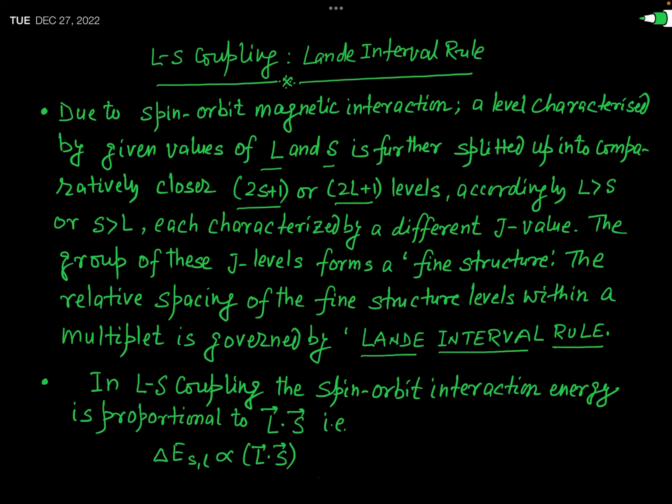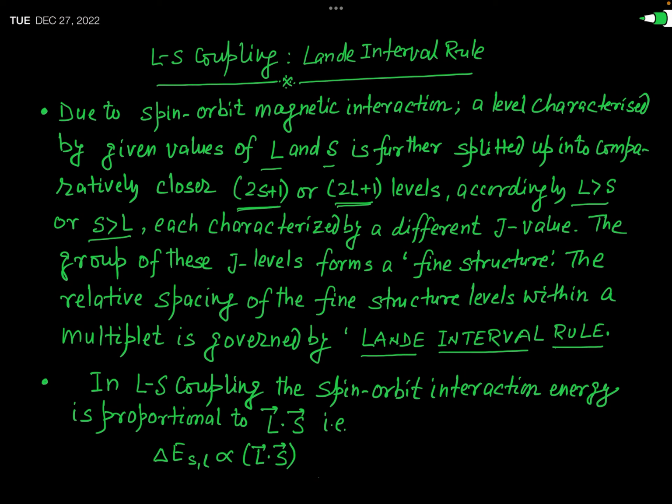The number of energy levels after splitting due to the spin orbit interaction is 2S plus 1 when L is greater than S, and it is equal to 2L plus 1 when S is greater than L. All these things we have seen in the previous lecture.